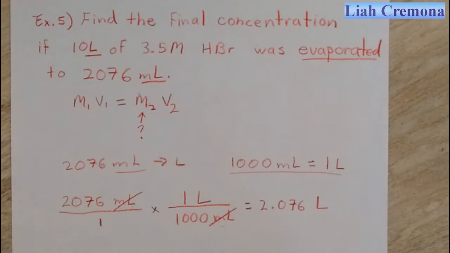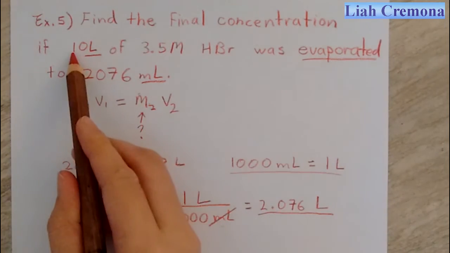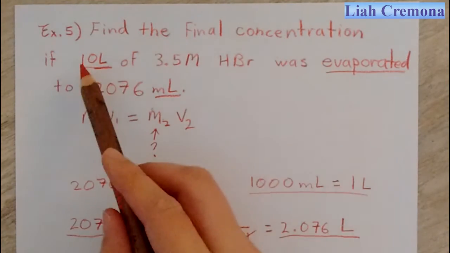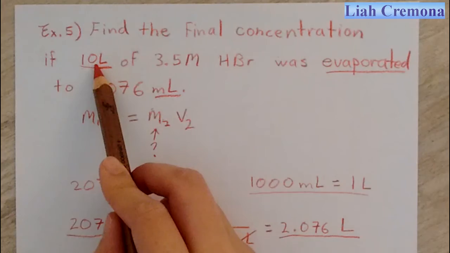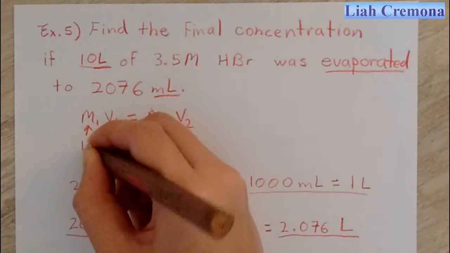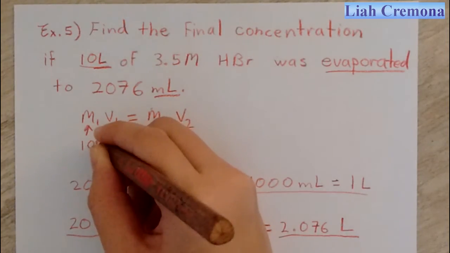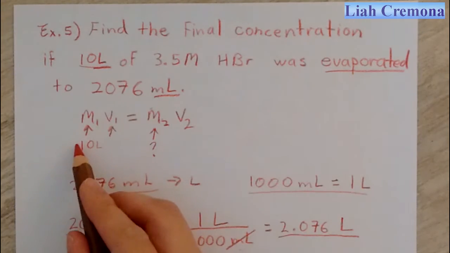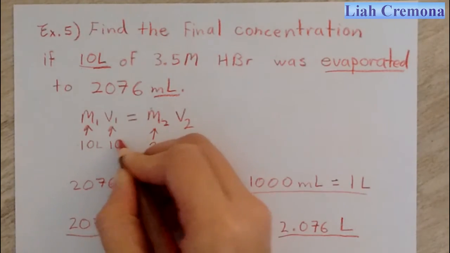So now we know that 2076 milliliters is equivalent to 2.076 liters. Now I can work with these because they're in the same unit. Here, the 10 is the initial volume, so V1 is 10.